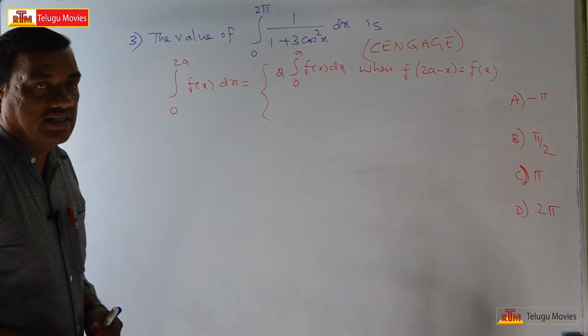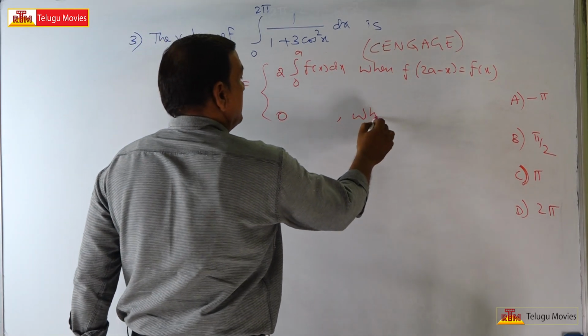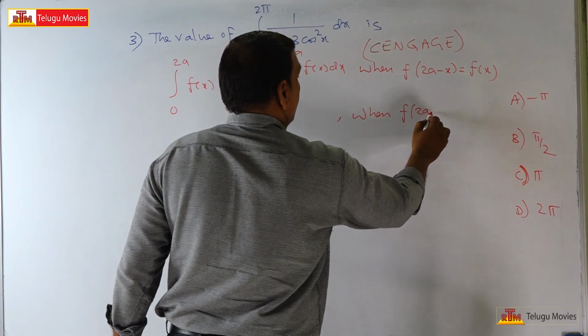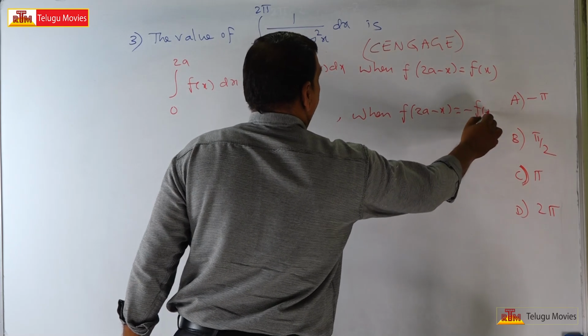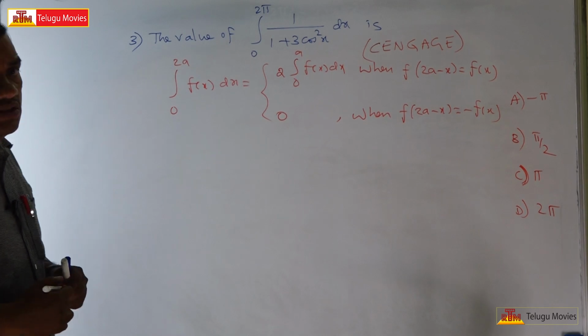Otherwise, it is simply 0 whenever f of 2a minus x is equal to minus f of x. Now we are going to make use of this formula.